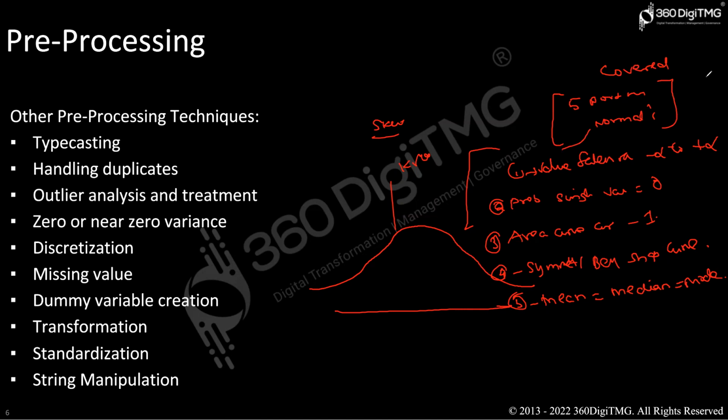So the value can fall in the range of minus infinity to plus infinity. The probability of a single value equals 0. The area under the curve equals 1, and symmetrical means bell-shaped curve. So why do we say the probability of a single value is equal to 0?